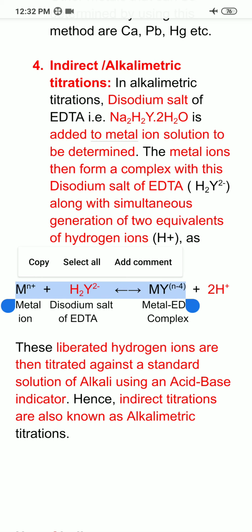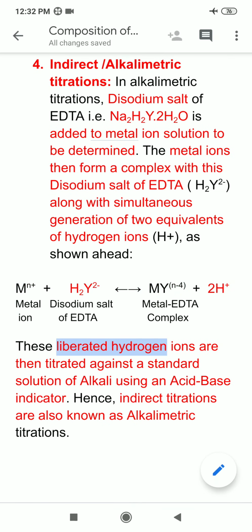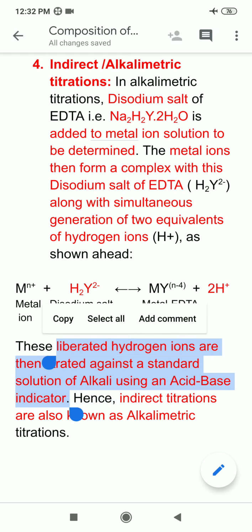You can determine the acid by titrating it against a base using acid base indicator. So you can see that in EDTA titration, when a metal ion solution is added to disodium salt, 2 equivalents of protons are released. So these liberated protons or hydrogen ions are then titrated against a standard solution of alkali using an acid base indicator.